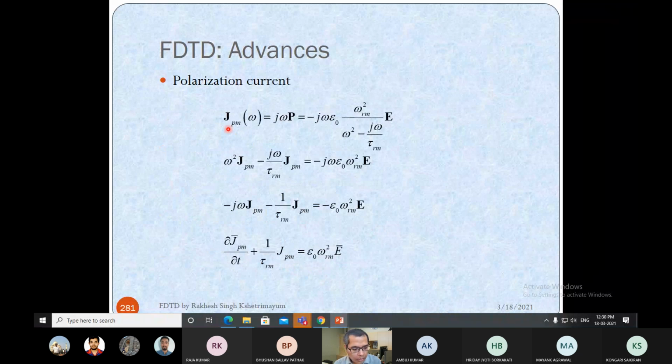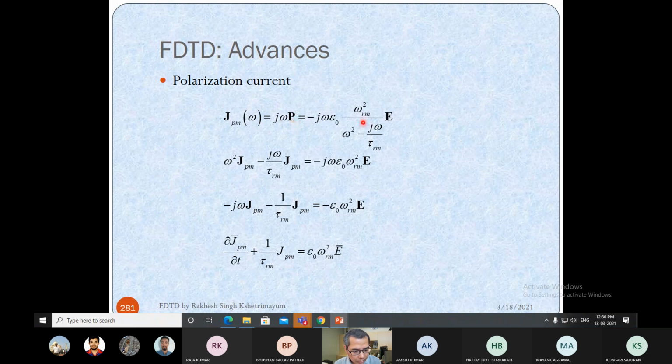Similarly, you can find JPM, which is basically j omega P. If you want to find the polarization current density, you take the time derivative of the polarization field, and you have the relation P is epsilon 0 chi E, into the electric field.